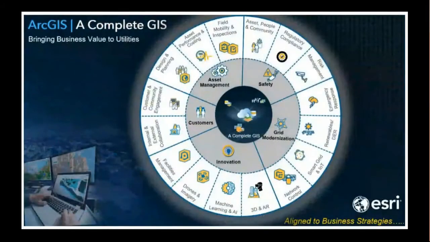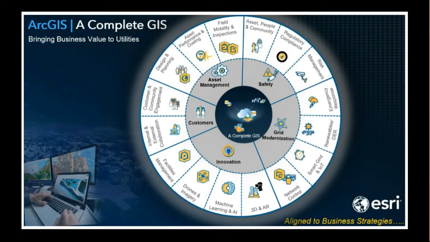In the scope of things, a complete GIS in terms of asset management, safety, grid modernization, innovation, customers, in terms of how we utilize things. So that goes from the whole spectrum from concept all the way to project completion.